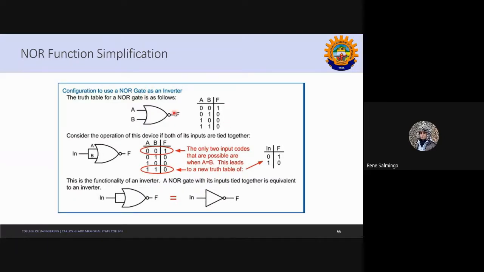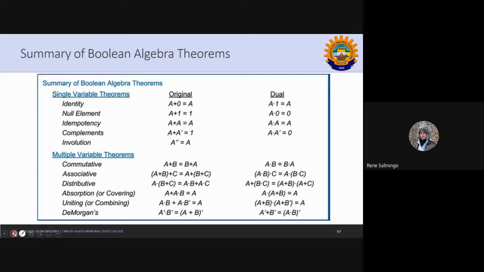Also, if you have a NOR gate with inputs tied together, you'll still have an inverter. So your A and B are the same, but when your input is 1, your output will be 0. So it's the same also. So that's NOR simplification.